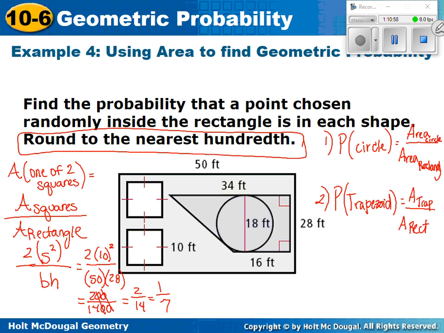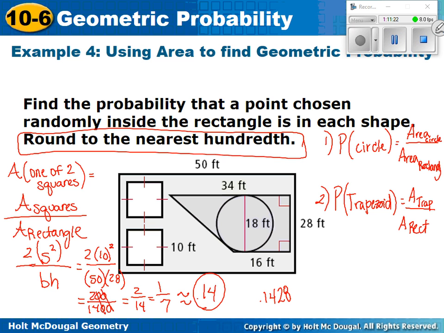but the question said to round to the nearest hundredth, so they actually want us to divide and round. So what is 1/7 as a decimal? So approximately 0.14 to the nearest hundredth if you write it as a decimal, or what is that as a percentage to the nearest hundredth? What came after the 0.14?